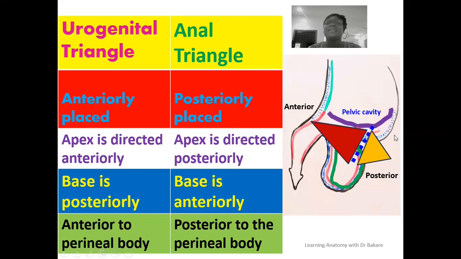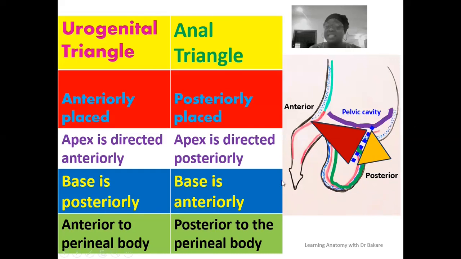So you say that the urogenital triangle is, of course, a subdivision of the perineum that is located in the anterior region. So it is anteriorly placed, while the anal triangle is located at the posterior region. And because it is a triangular configuration, it will definitely have an apex and also a base.